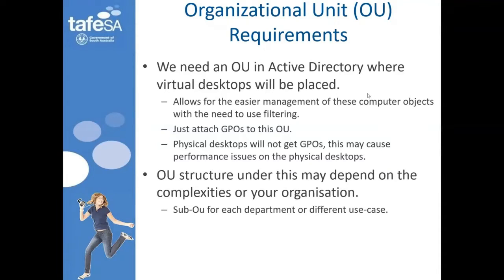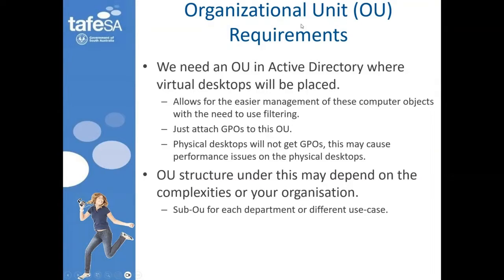We might have to do a little bit more to make sure that, if those settings require it, they only apply to virtual desktops. Because some of these group policies, if a physical desktop gets them, might actually reduce the performance of the physical machines. The OU structure under this may depend on the complexities of your organization.